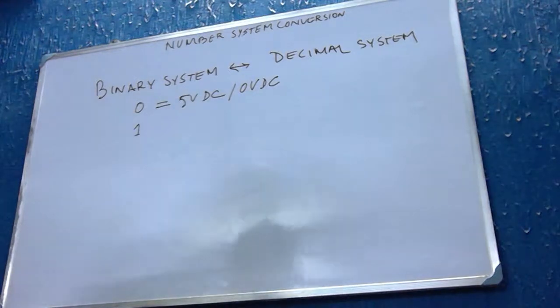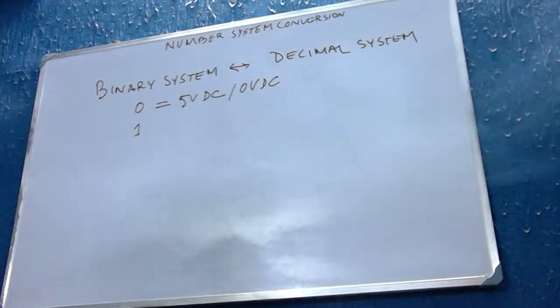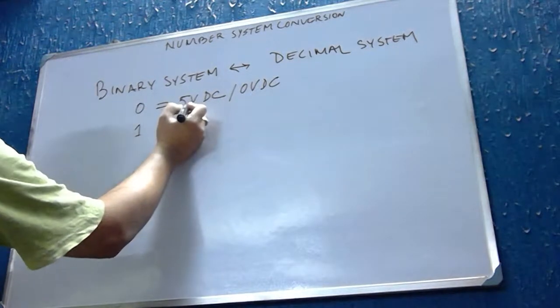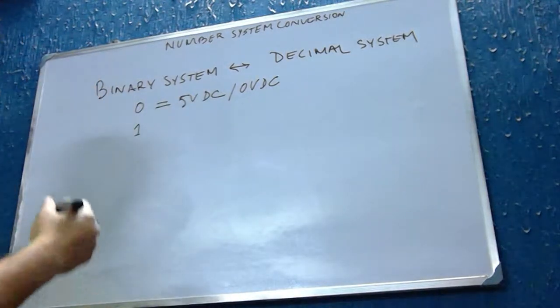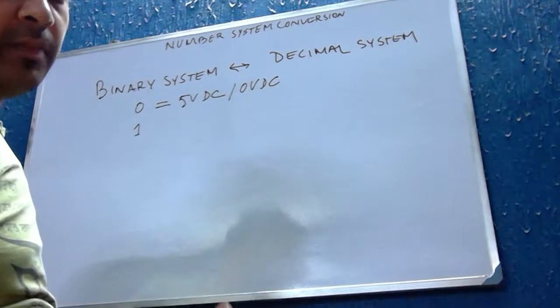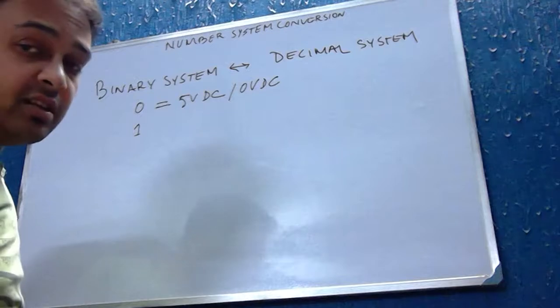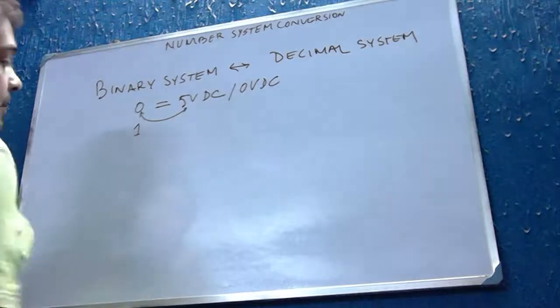It all depends on the type of logic, because when we are saying that 0 means a 5 volt DC, we are sort of referring to a negative voltage logic. Many of you must have heard of a negative voltage logic level. So this is nothing but a negative voltage logic level, right?